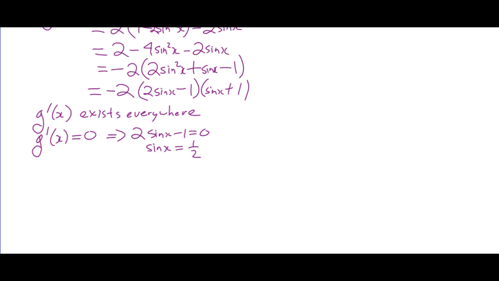So sine x is a half. Remember, we're just doing 0 to 2 pi, and even if we were graphing this beyond, we still just need 0 to 2 pi. You're not sitting here going pi over 6 plus 2n pi. We're just going to worry about this one interval, and we know it's periodic. And what else do we get?